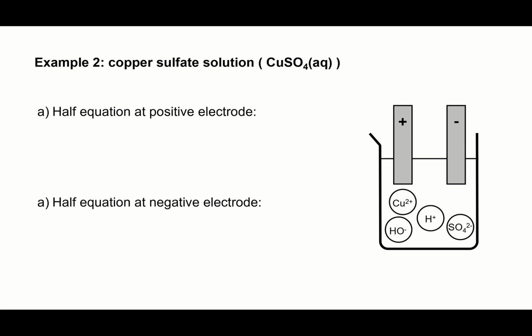So what is the half equation at the positive electrode? Well, negative ions are going to be attracted to the positive electrode. Opposites attract. Do we have a negative ion that is a compound ion? The answer is yes. We're dealing with sulfate.